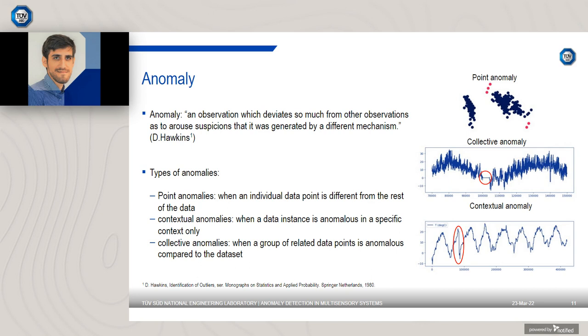The third type is the contextual anomaly, which occurs when one or more data points are anomalous with regard to the context of the system or the context of the problem. The value in a contextual anomaly departs from the rest of the data points in the same context. Everything is about the context.